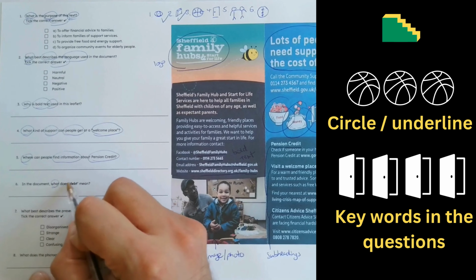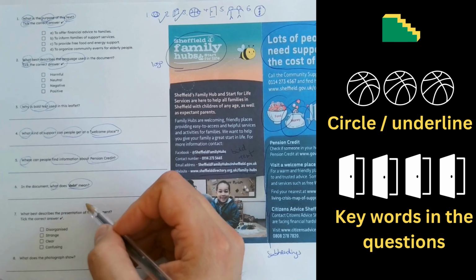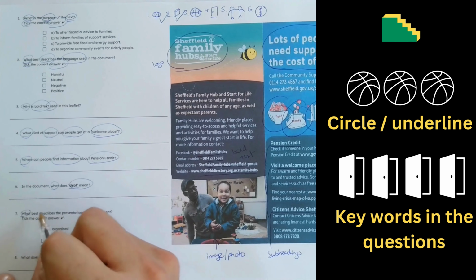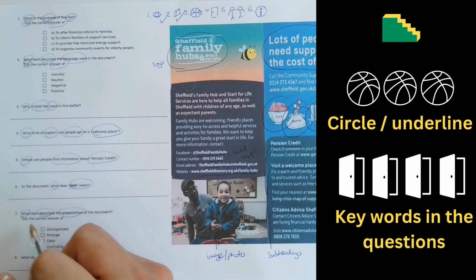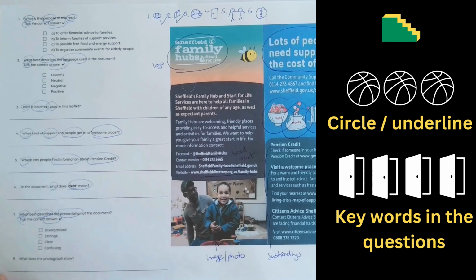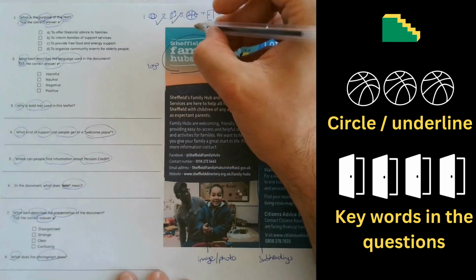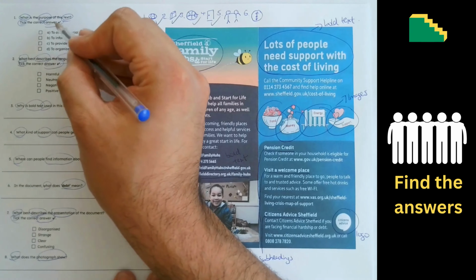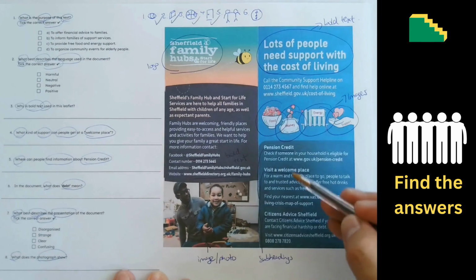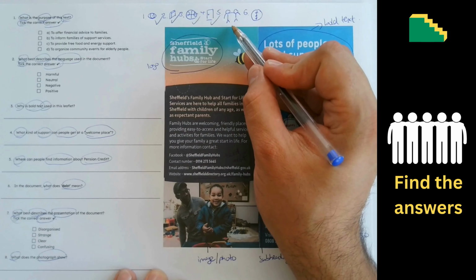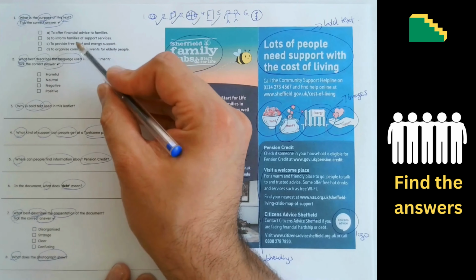What debt mean? Number 7. What describes presentation, tick, answer again. And finally, what photograph show? Now those steps are so important because they help to find the important words in the questions. That helps to then find the answers, find our friends.